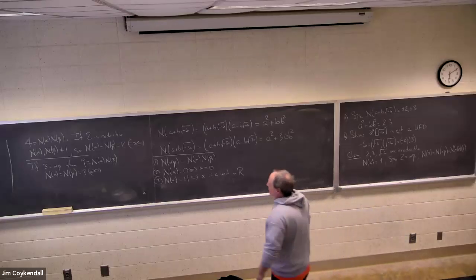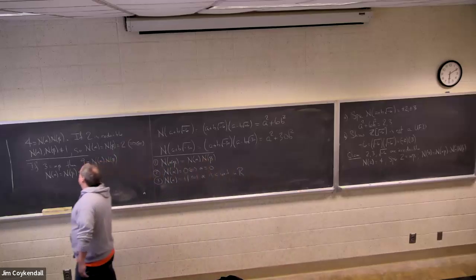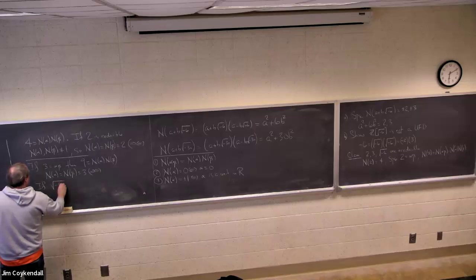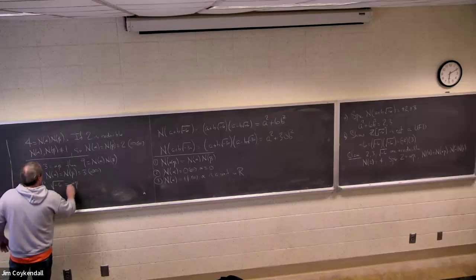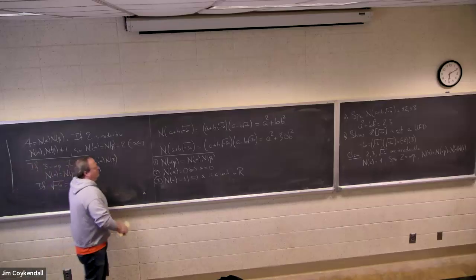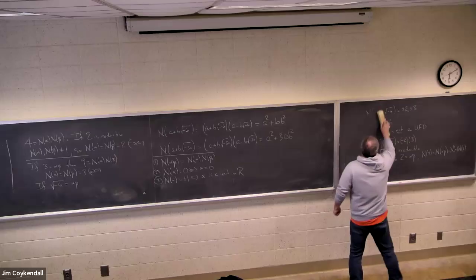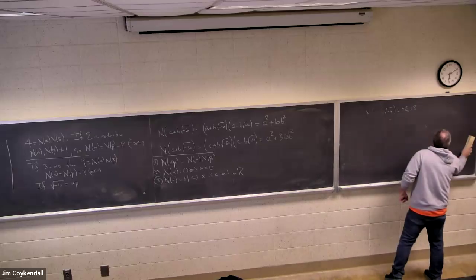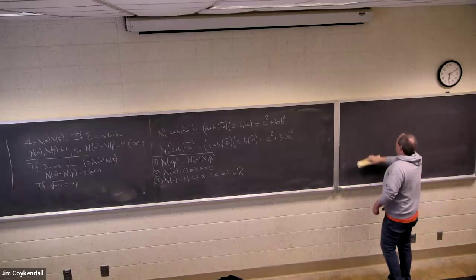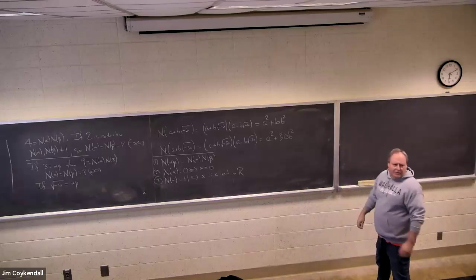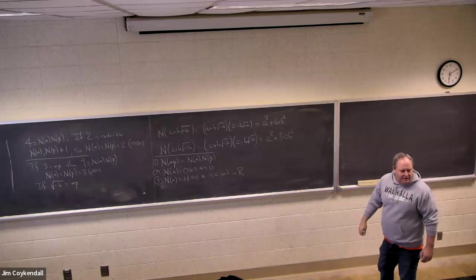What about radical -6? Well, now I have the norm of radical -6 is 6, isn't it?